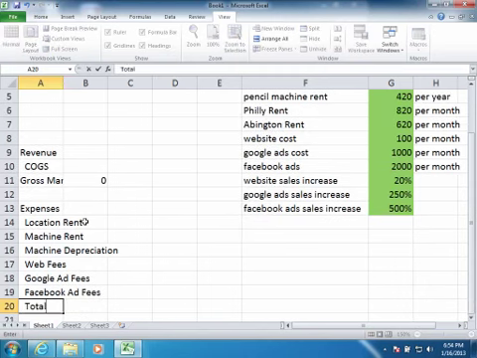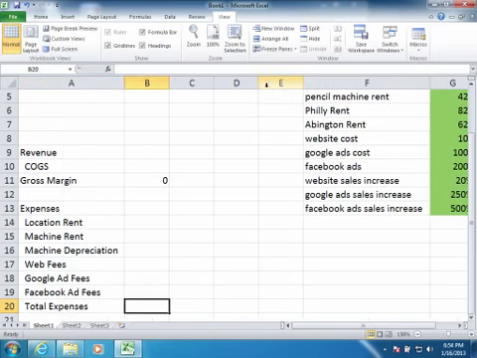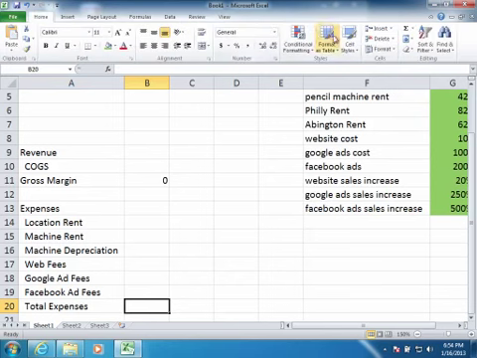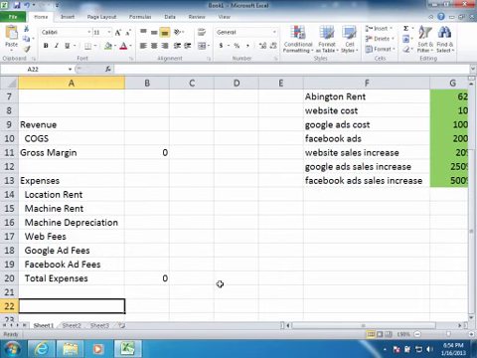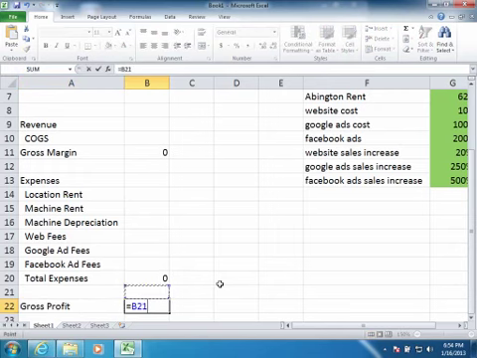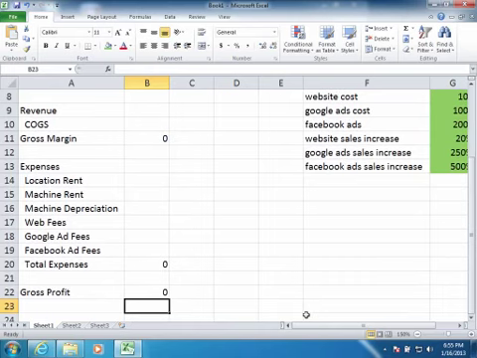And all of these together give us our total expenses. So let's go ahead and sum that. And the difference between gross margin and total expenses is our gross profit: gross margin minus total expenses. It doesn't mention tax rate in the case, so for now we can leave that out.